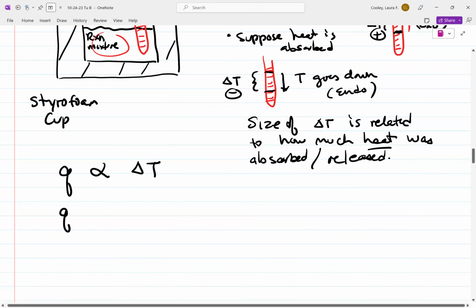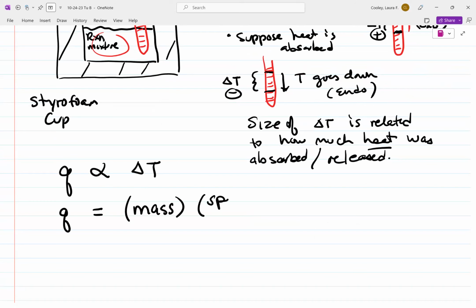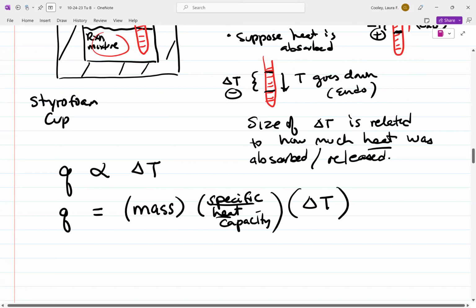It's actually equal to the mass multiplied by something called a specific heat. Sometimes it's called a specific heat capacity. I think our book just calls it specific heat, times the change in temperature. Okay, so this is M. Now, mass of what?